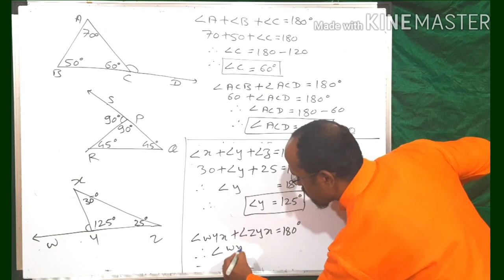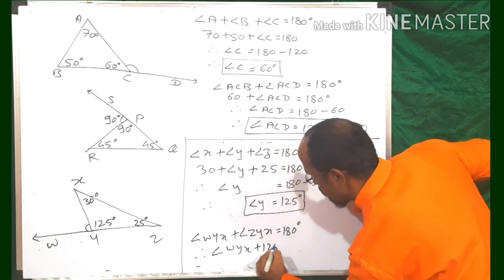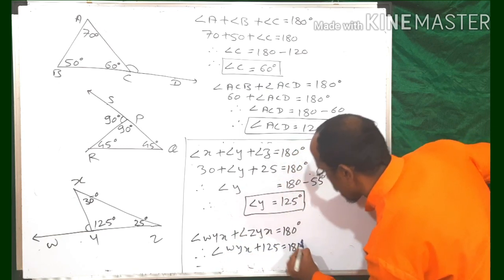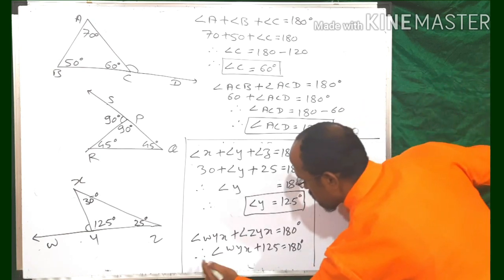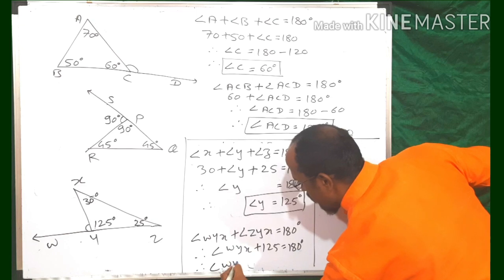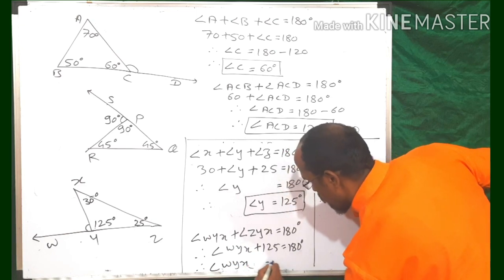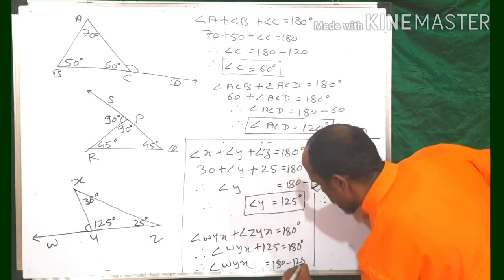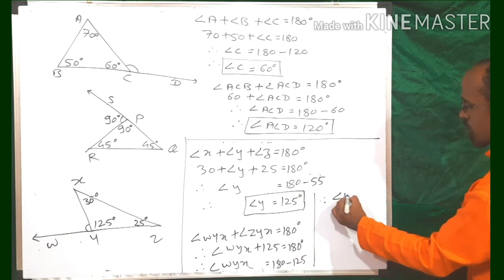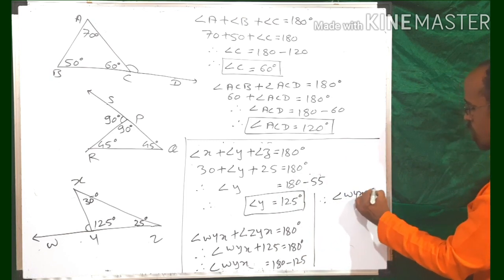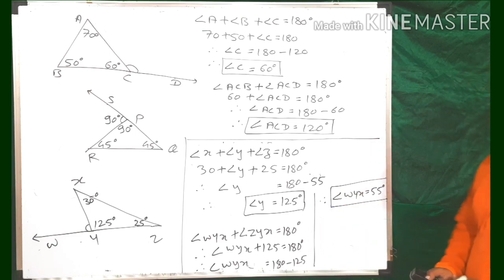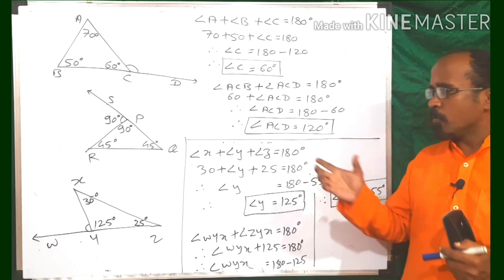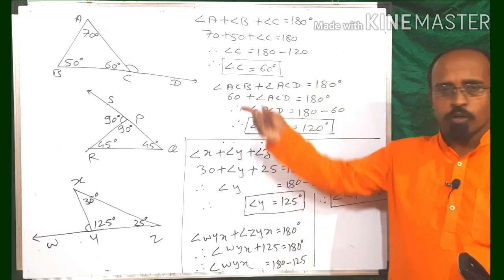Angle WYX plus 125 is equal to 180 degrees. Therefore, angle WYX is equal to 180 minus 125, and angle WYX is equal to 55 degrees. Got it? We found measurements of the exterior angles.